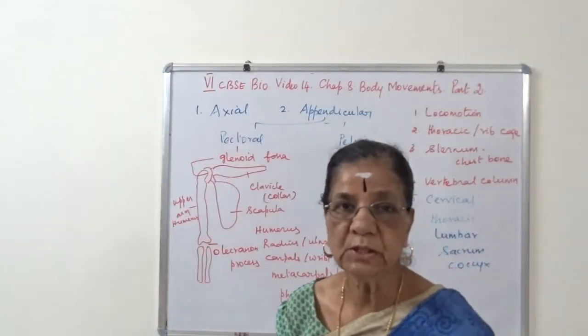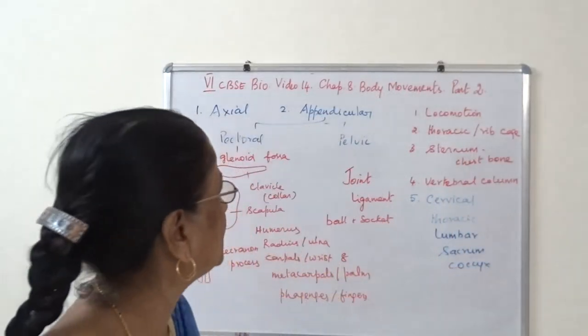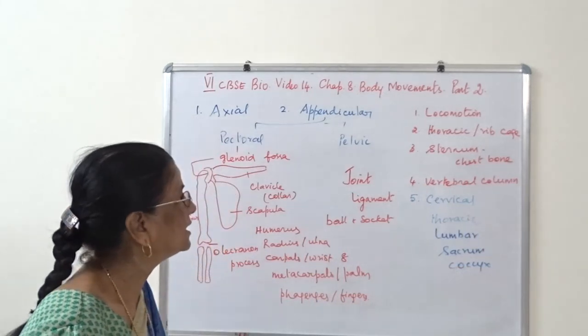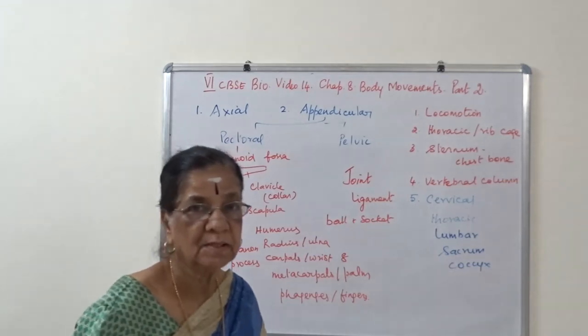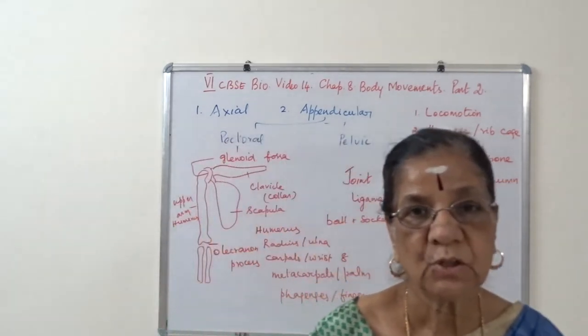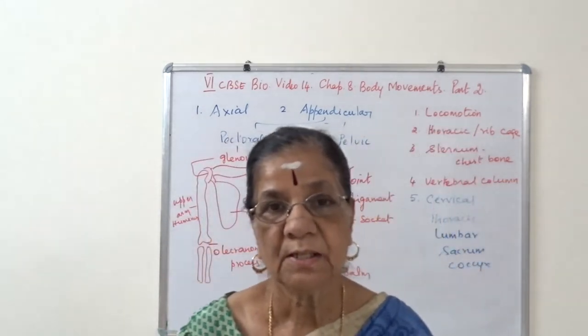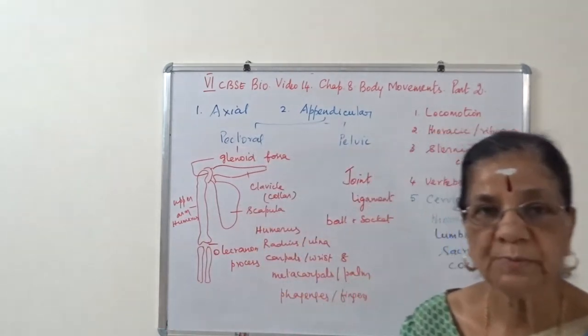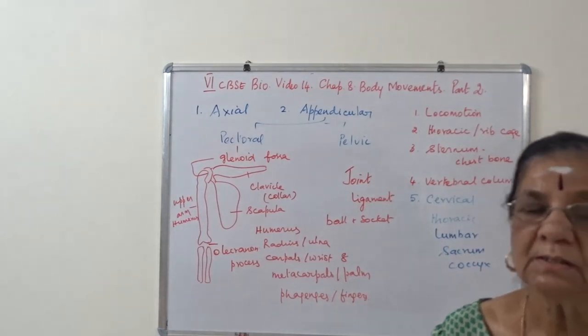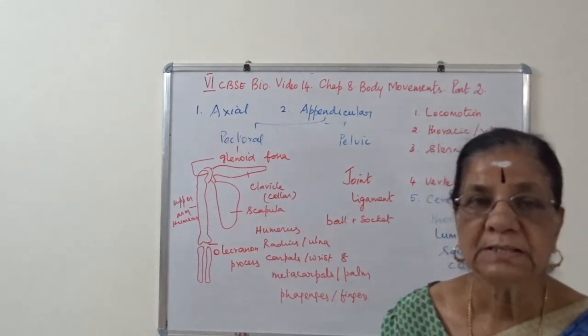So in this video session number 14 we have learned the thoracic cavity, rib cage with 12 pairs of ribs. Repeating, 12 pairs of ribs as true ribs, false ribs and floating ribs.